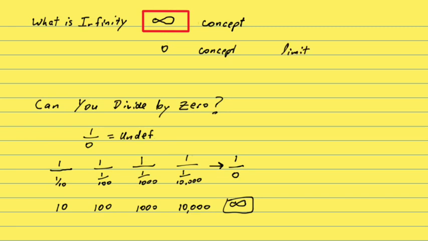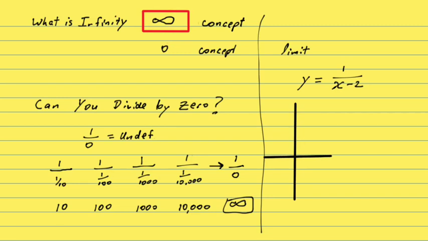A limit is the y value as x approaches something. For example, if I gave you y equals 1 over x minus 2, we spent time graphing rational functions. So I'm hoping you might know what this graph looks like. What value makes the bottom 0? 2.